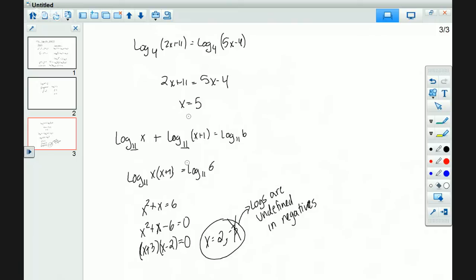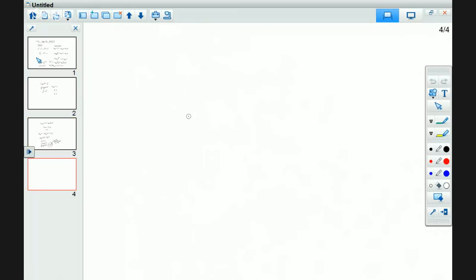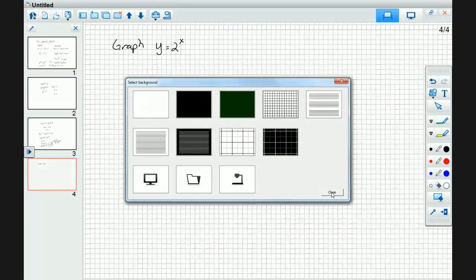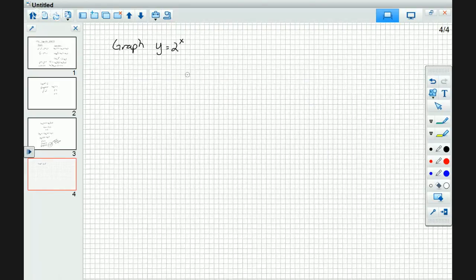Yeah, let's graph. Let's graph this exponential. We'll compare it to its inverse.